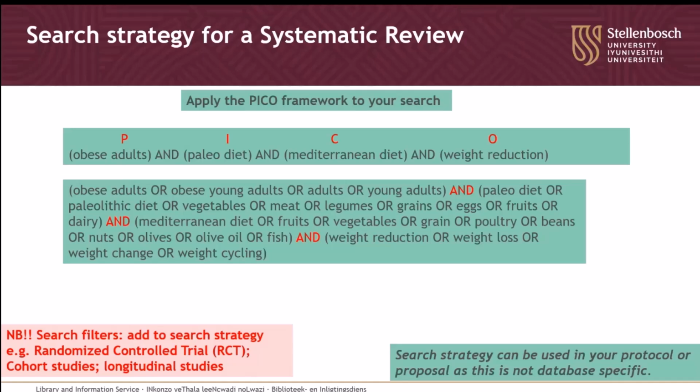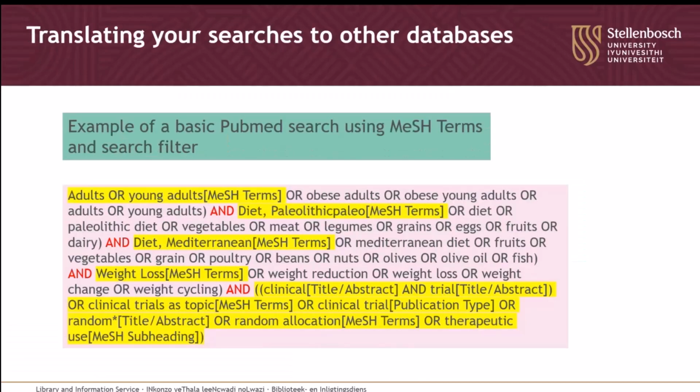You want to look at what trials have been done, what cohort studies have been done. So those are going to be important when you do a systematic review. And then as part of the search, at the end, you will add another search string with randomized controlled trial and cohort studies, and that will ensure that you only pick up studies that you're interested in, and not qualitative and all of those.